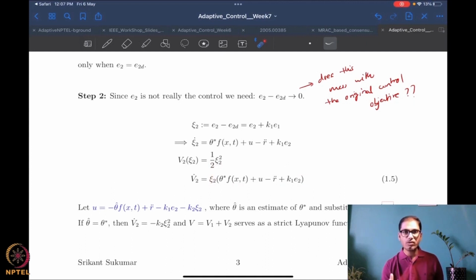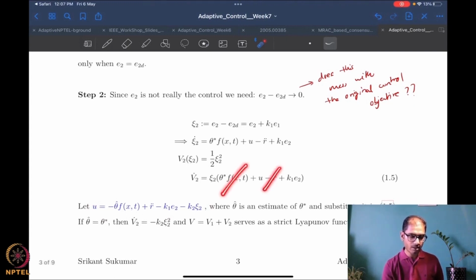Now, if I choose my control to be of this form, what is this form? It is essentially trying to cancel everything and introduce a good term, because the other terms are not definite, so we don't know how they will behave. So we try to get rid of them and introduce a good term. Of course, we are calling this theta hat, which is an estimate of theta star.